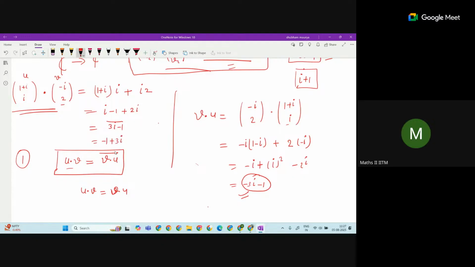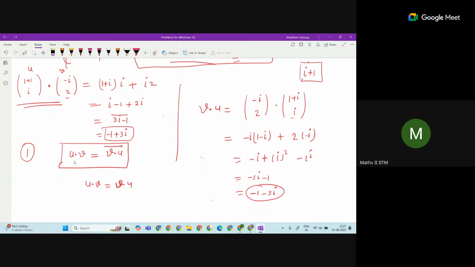And this one is minus 1 minus 3i. Now see, exactly the conjugate, right? So that is what I mean to say: u dot v is the same as v dot u, but you have to do the conjugate, then it is going to be the same. And this is what is called conjugate symmetry.